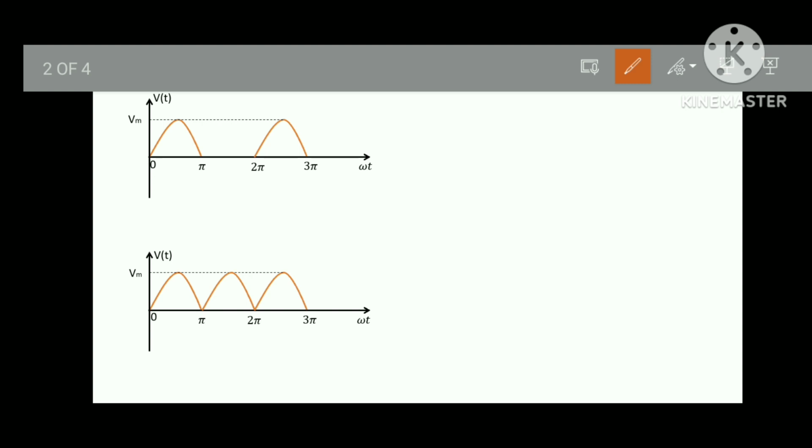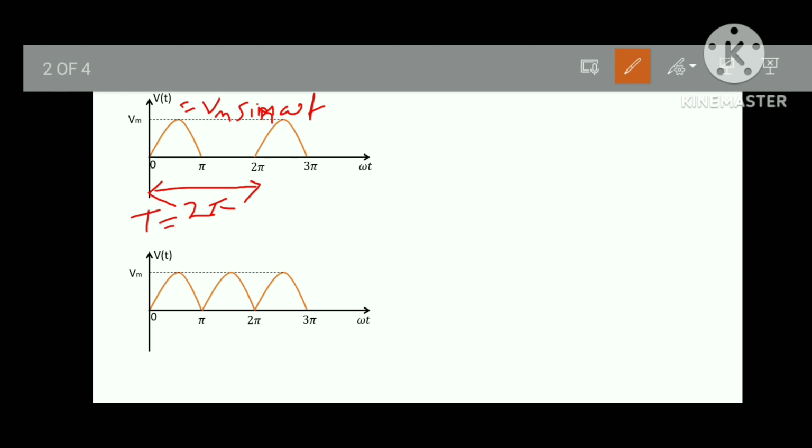First waveform is the output waveform of a half wave rectifier. We'll first do it in the conventional method, then we'll go for the shortcut. V of t is equal to Vm sin omega t. Here time period is 2 pi.